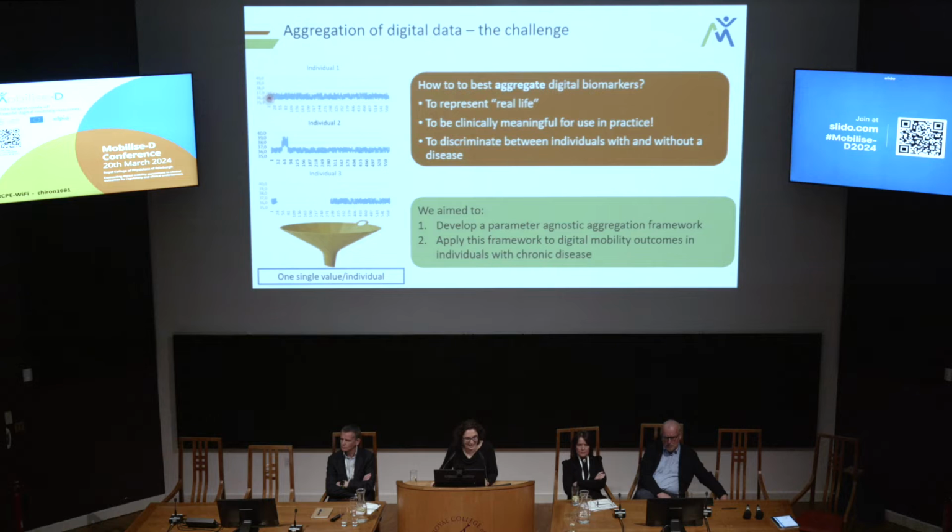And we want, let's say, the walking speed of a person. We need to find one single value per individual. And we want this single value to represent real life as much as possible and to be clinically meaningful.